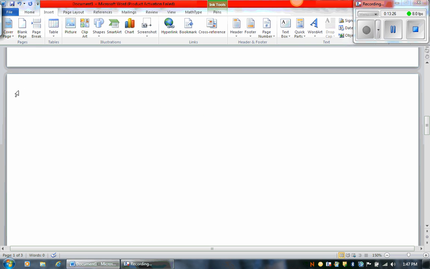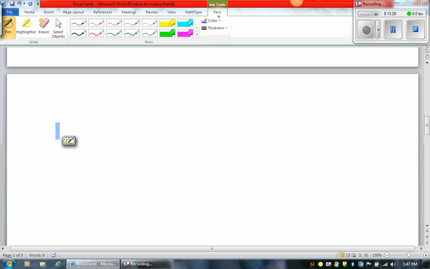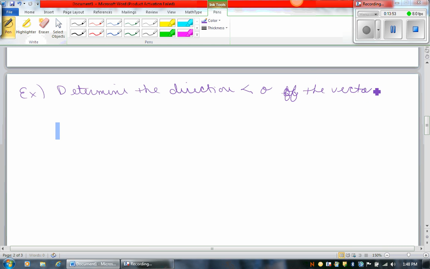All right, so let's look at the next example. Let's determine the direction angle theta of the vector w equal to negative 4i minus 3j.